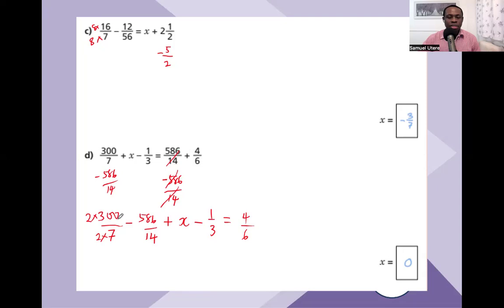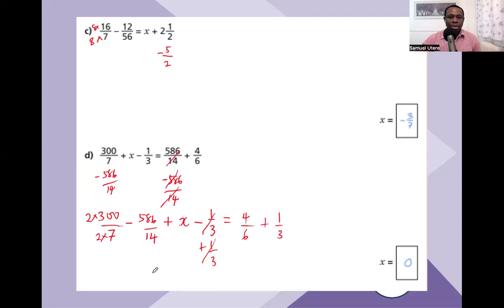So I now have 600 minus 586. So when I finish that calculation, I would then add 1/3 to both sides so that this should not be here anymore. And then this should be plus 1/3.